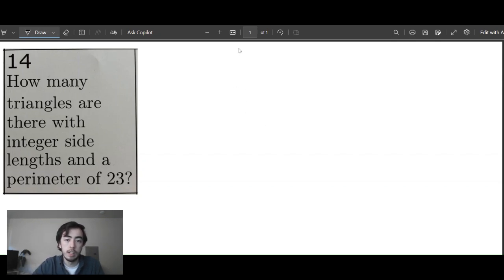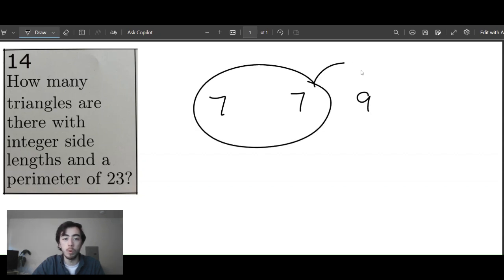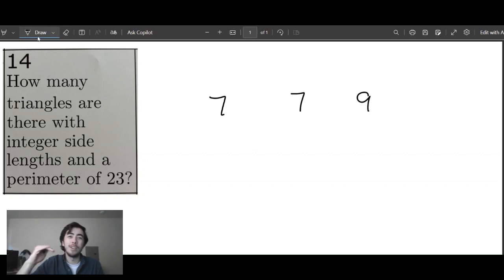I could say, I don't know, 7, 7, and then 9. Cool. This is a triangle because the two small ones add up to more than the big one. And then 7 plus 7 plus 9 is 23. But I don't know where to go from here. And I want to be able to start on one end and go to the other and know that I haven't missed anything.